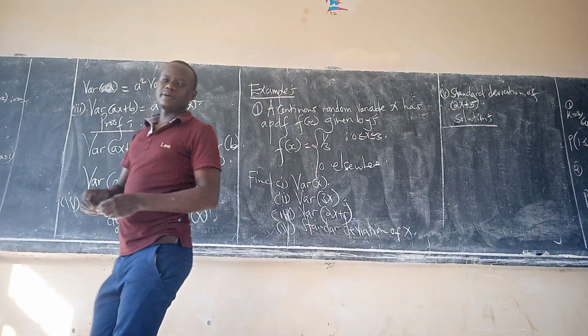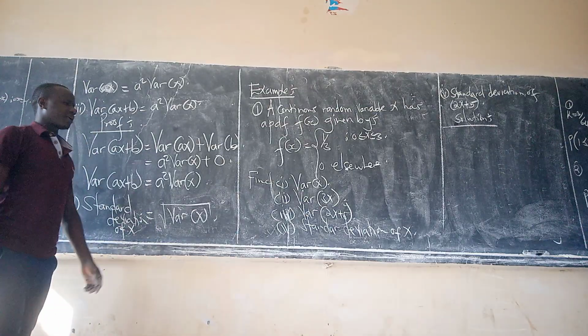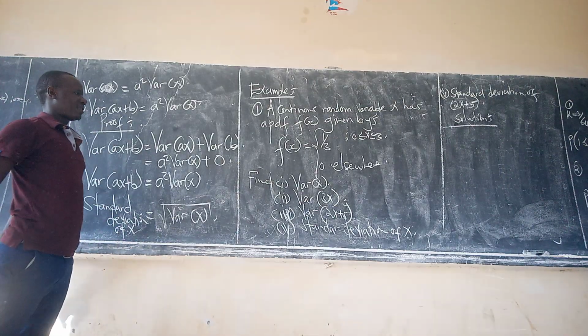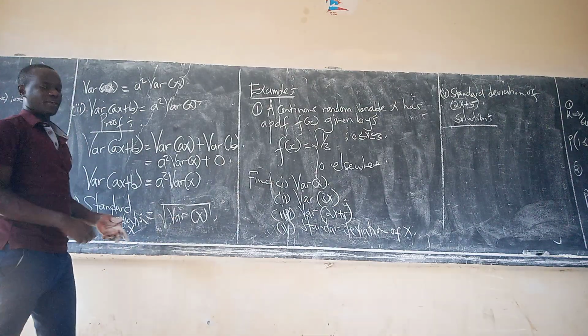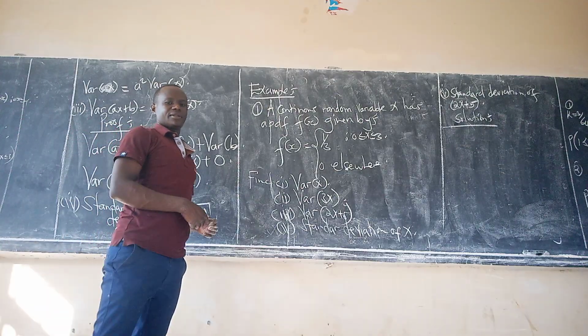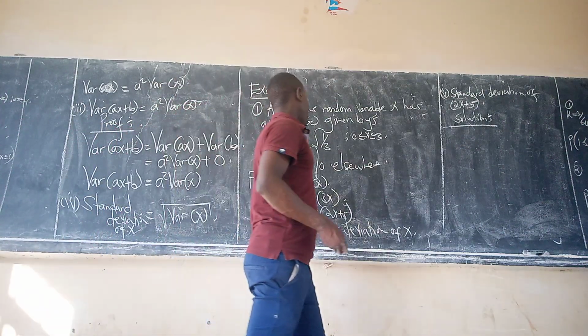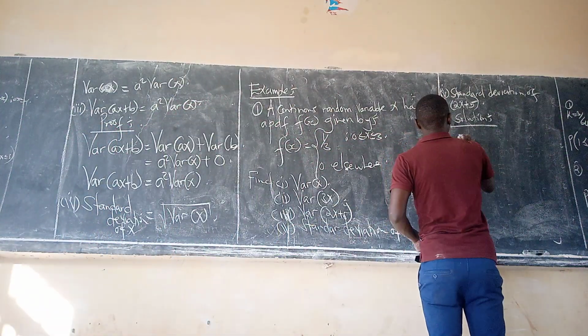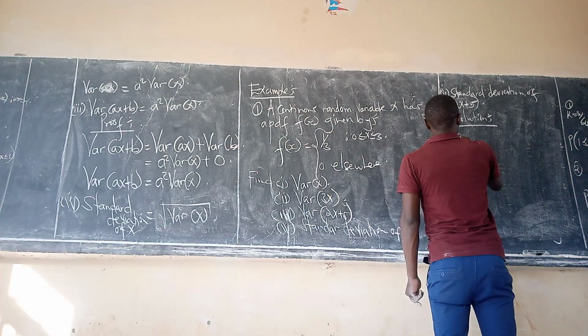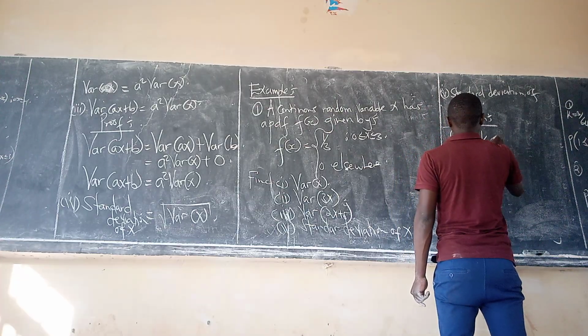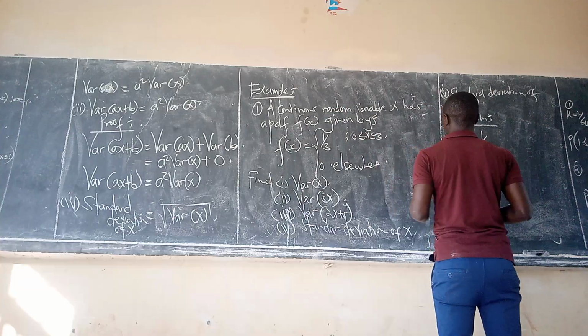The very first step is to identify your PDF that you have, and obviously the range, then the property of the variance will come in after defining the variance. So our f of x is a third. It is a simple PDF.